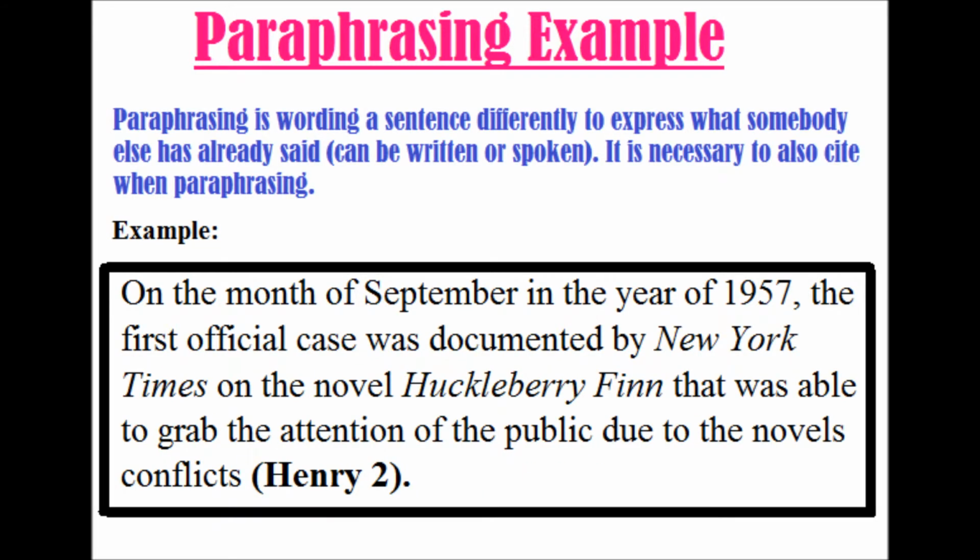When paraphrasing, you do not need to use quotation marks. Paraphrasing is wording a sentence differently to express what somebody else has already said. It could be either written or spoken. It is necessary to also cite when paraphrasing. Please look at the following example.